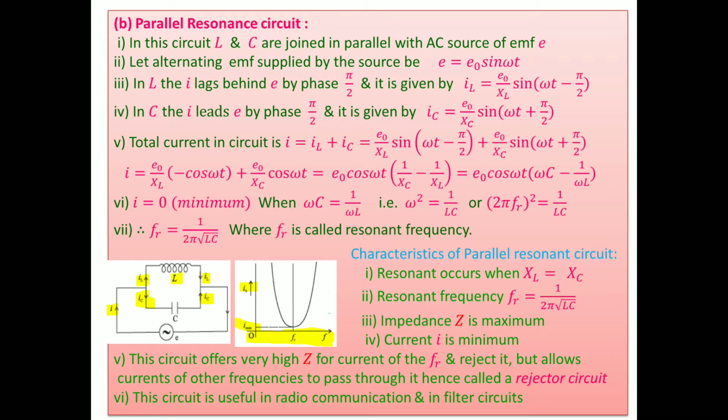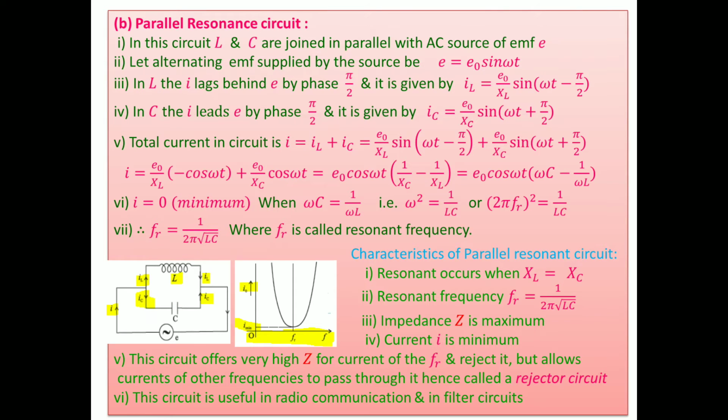In parallel resonance, look in the figure, the inductor and capacitor are joined in parallel with an AC source of EMF E. Here the inductor is there and here the capacitor is there. They are connected in parallel along with the AC source.